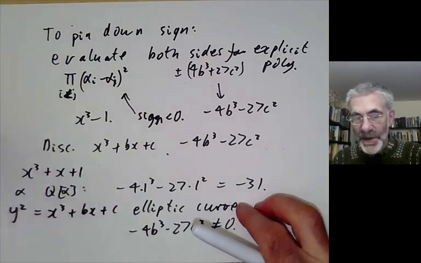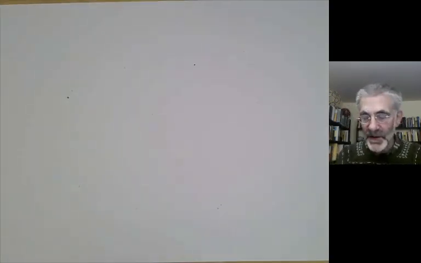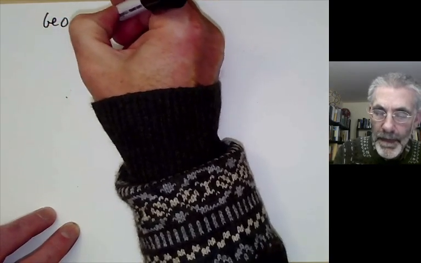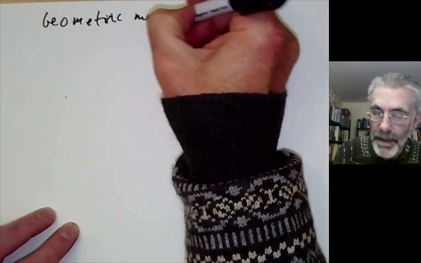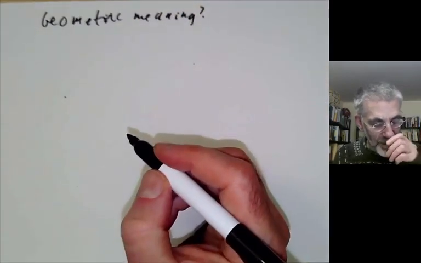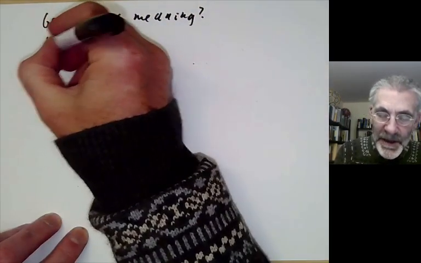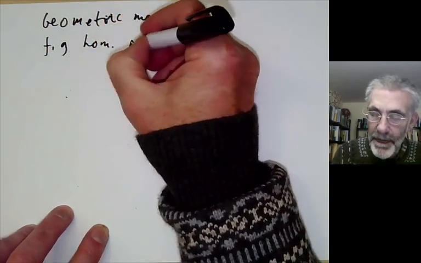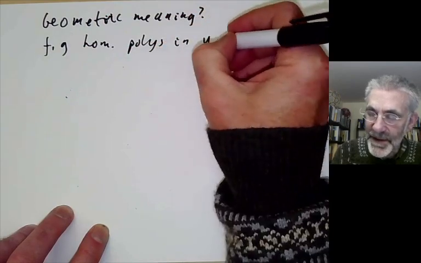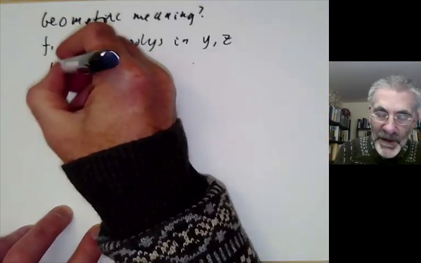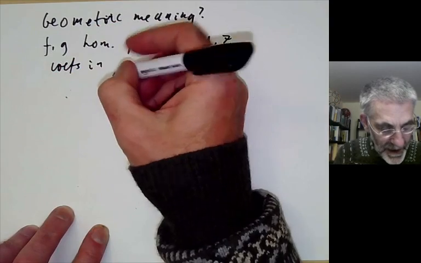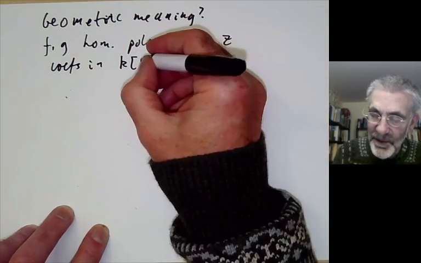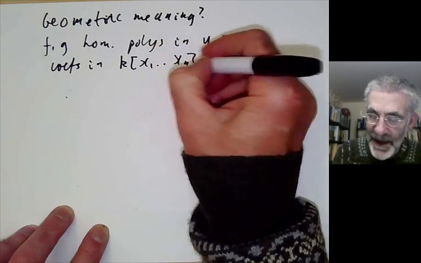Next we can ask, what is the geometric meaning of a resultant? Well, suppose f and g are homogeneous polynomials in two variables y and z, with coefficients over a field that are polynomials in x1 up to xn.